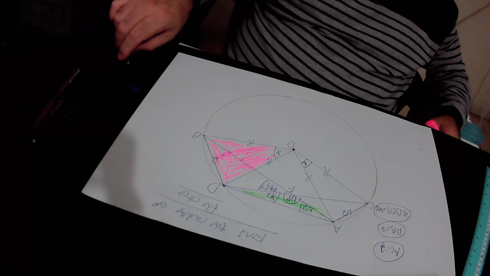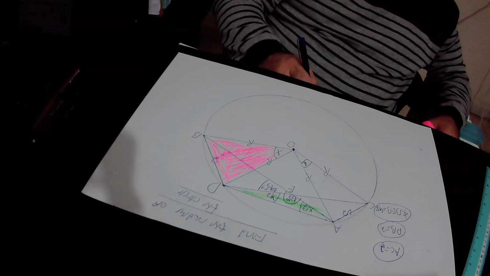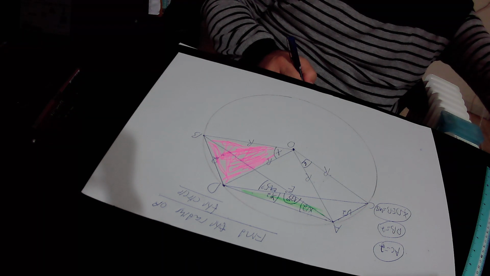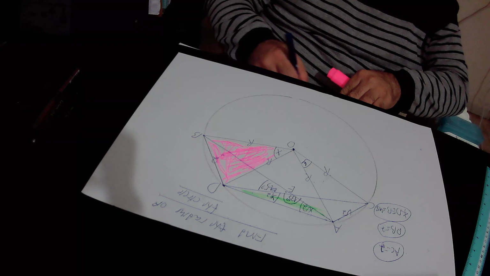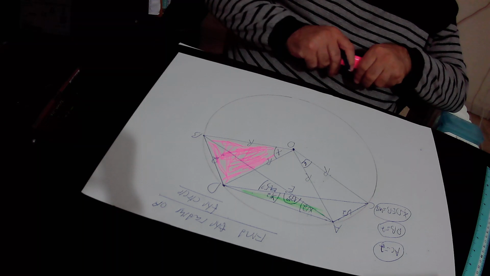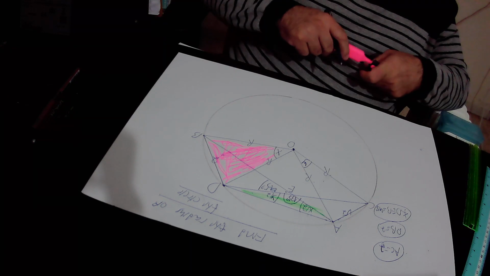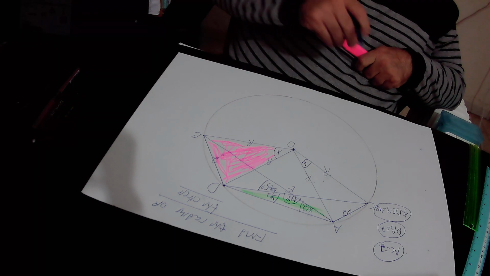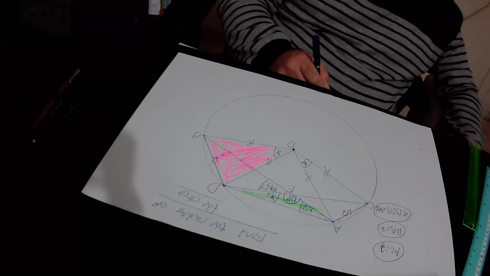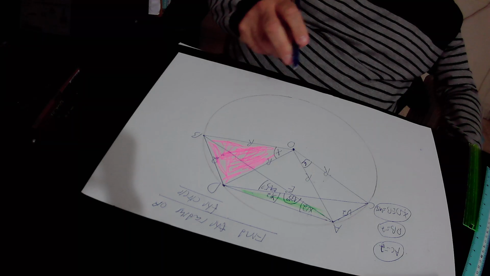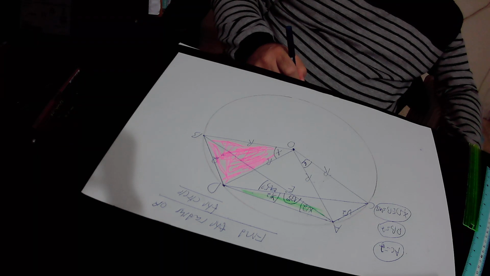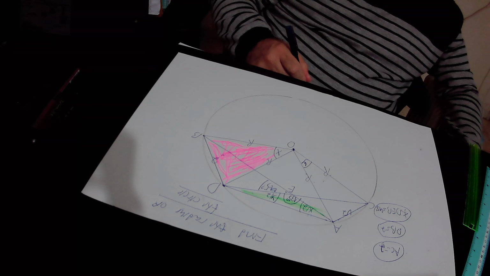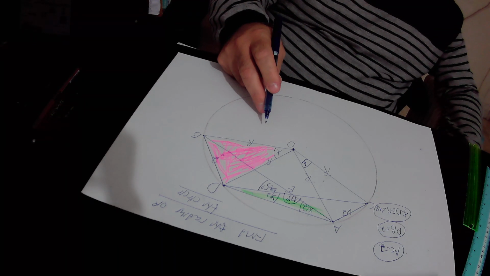According to the law of cosines, in the pink triangle ODB, cosine x equals r squared plus r squared minus 2 squared, that is 4, over 2 times r times r.